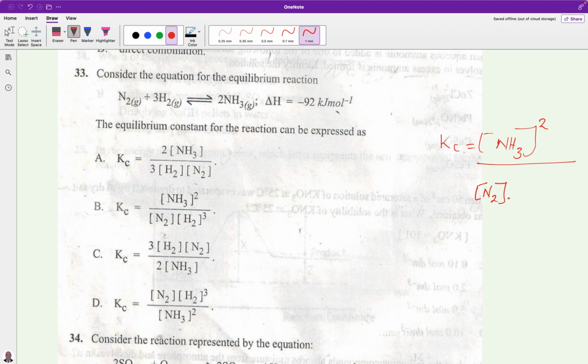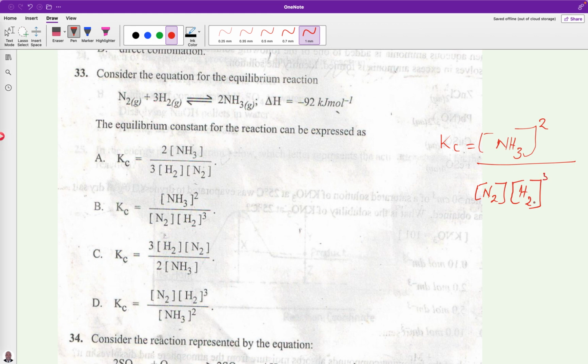For nitrogen, the coefficient is 1, then times hydrogen raised to the power of its coefficient. The coefficient for hydrogen here is 3. So that is how it is supposed to be.